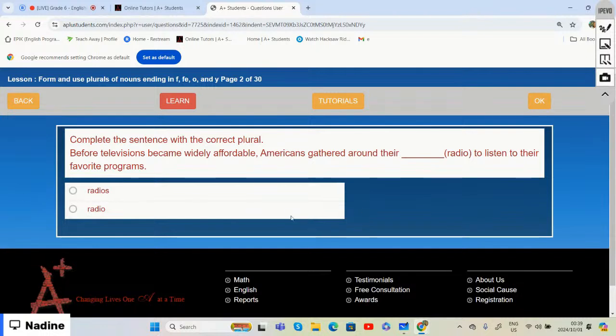Is it option one, radios, or option two, radio?